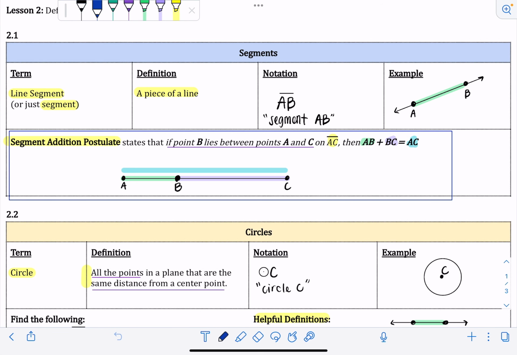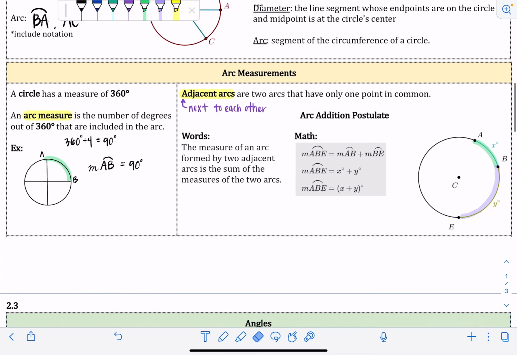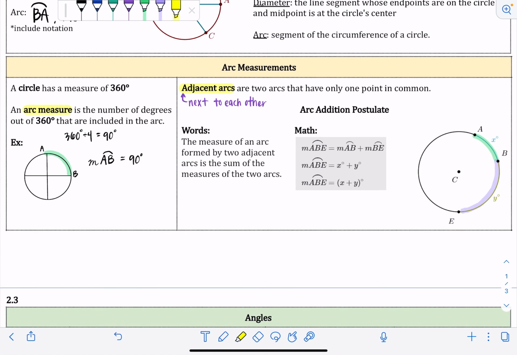Cool. Now we're back. The segment addition postulate basically says if you add 2 separate segments together, you combine them, then you get their total distance. That's what the arc addition postulate says as well, but with arcs instead of segments. We'll read through the words first. It says the measure of an arc formed by 2 adjacent arcs is the sum of the measures of the 2 arcs.